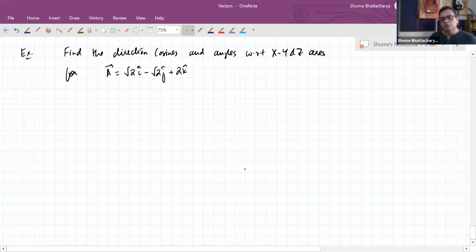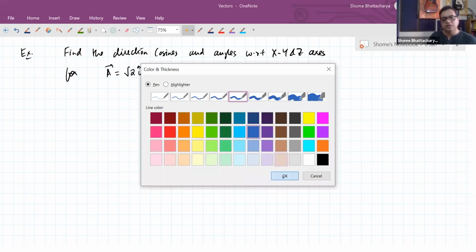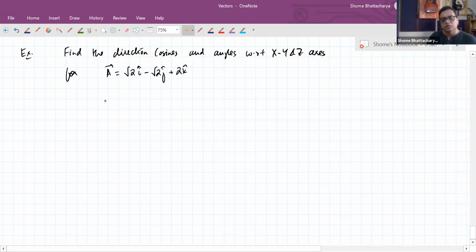So we have this and we want to find the angles with respect to the xyz axis. So we'll first of all make use of direction cosines. The way to solve this problem is very simple: Ax is root 2, Ay is minus square root 2, whereas the z component is 2.